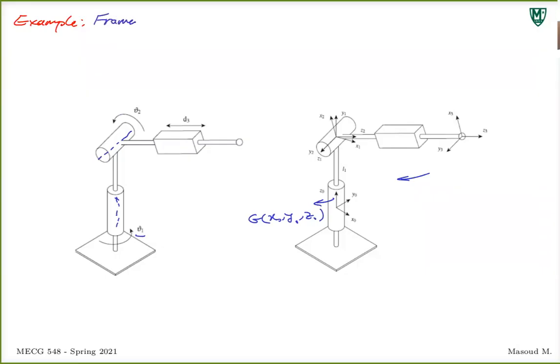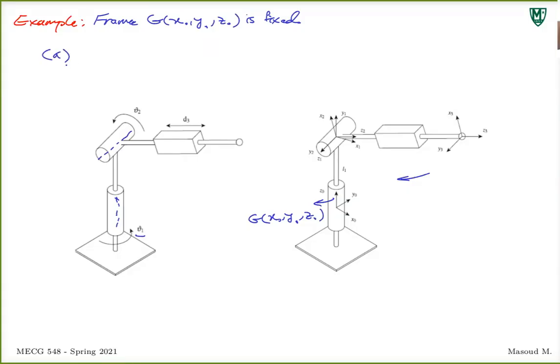Frame G, X naught, Y naught, Z naught is fixed, right? And consider these coordinate frames x1, y1, z1, x2, y2, z2, and x3, y3, z3. And we'll go through what we are asked to find.